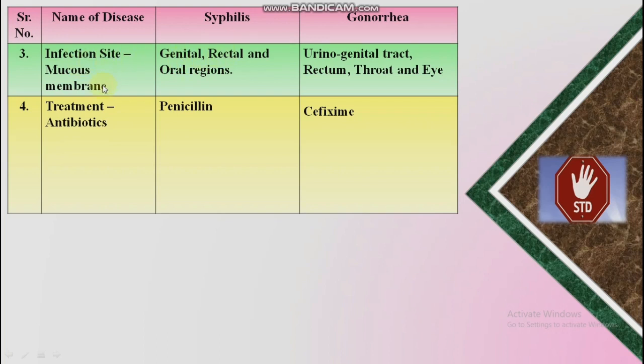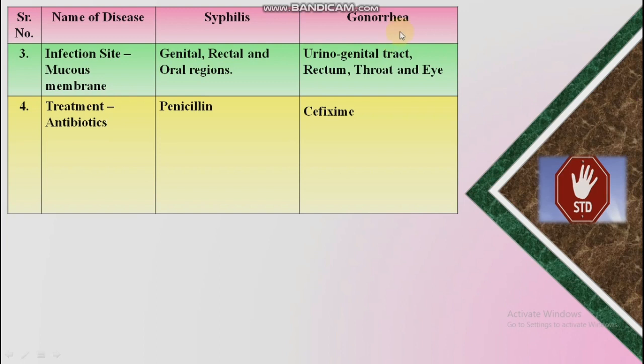See here, the infection site is generally the mucous membrane of the genital organs, the rectal region, because the rectum is near the genital organ, and in case of female, the oral regions, mouth region, throat. In the previous slide we saw the image of the throat region: genital, rectal and oral regions.